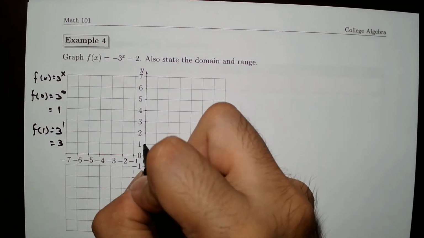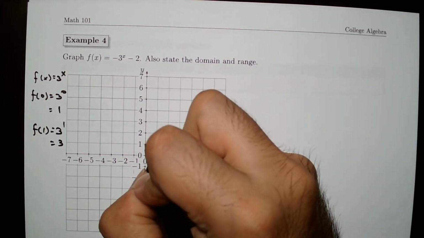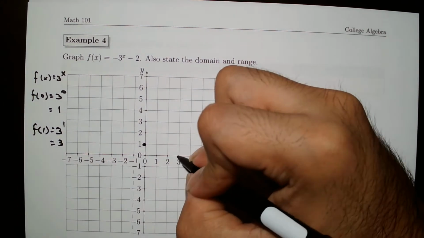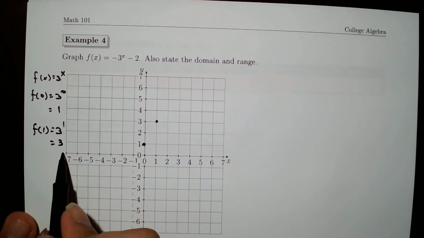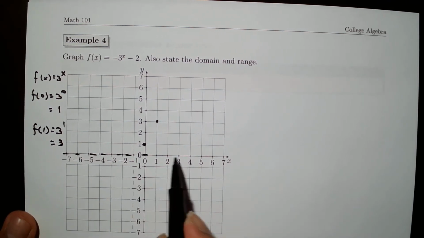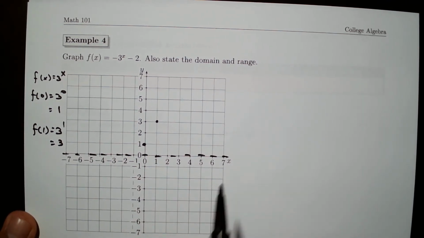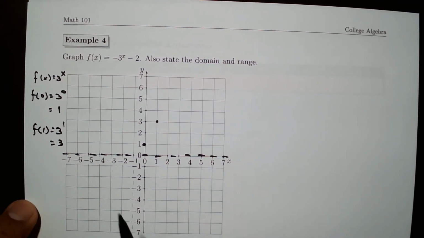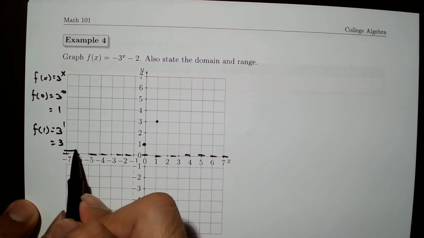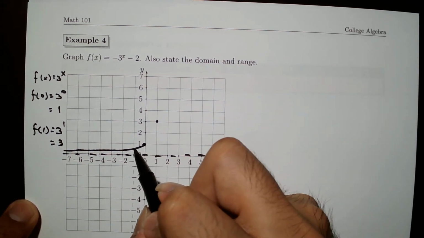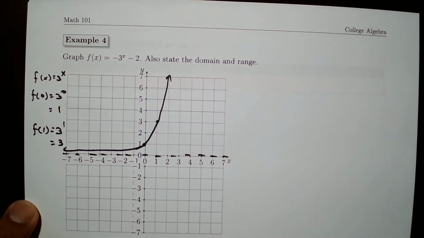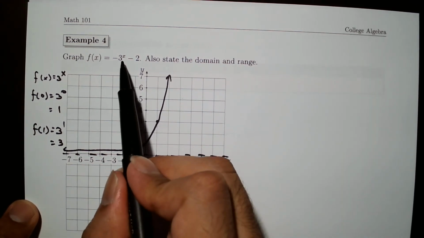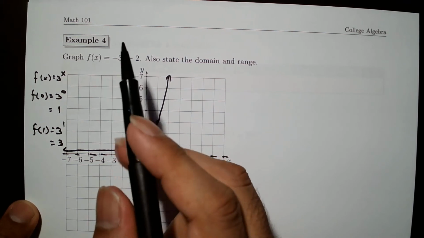So we're graphing the point (0, 1) and the point (1, 3). And the horizontal asymptote, again, is the x-axis by definition of the basic exponential function. Then let's connect the dots using the pen, and that's how it looks. All right, so now let's see what this negative is going to do.